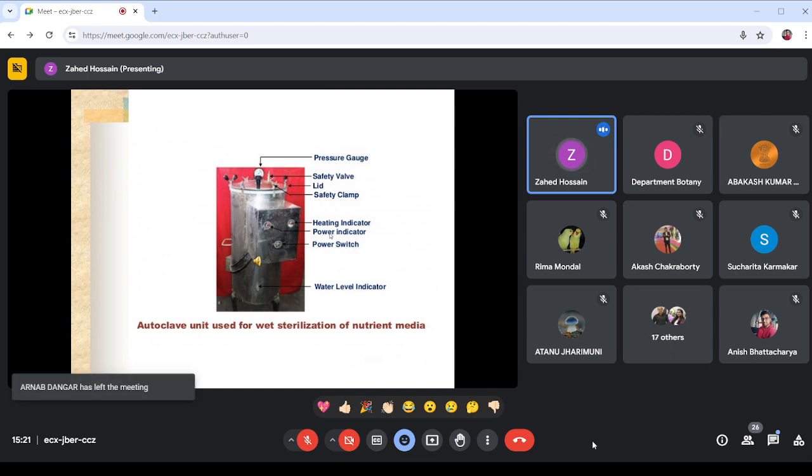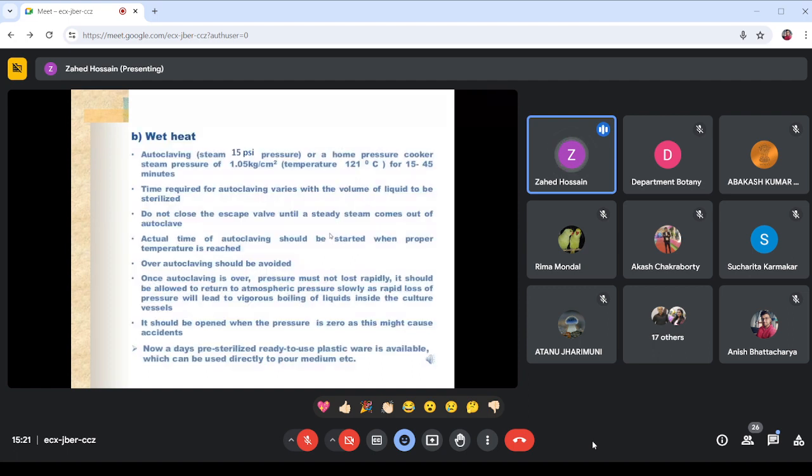This is nothing but a big version of a normal pressure cooker. When the volume is fixed and you heat the coil, water vapor is generated, which increases the pressure. Usually 15 psi pressure is maintained, corresponding to almost 120 to 121 degrees centigrade. You keep the culture media, maybe some water, and other utensils for autoclaving.